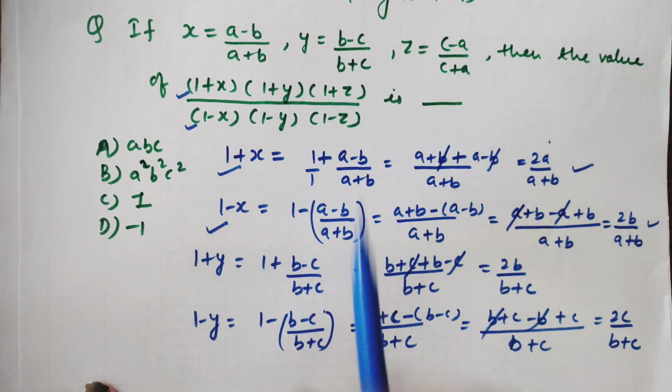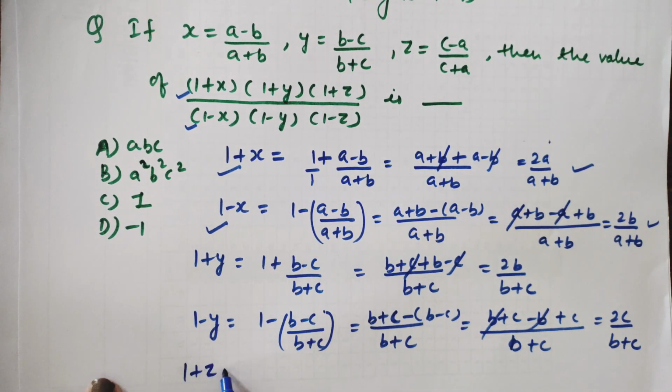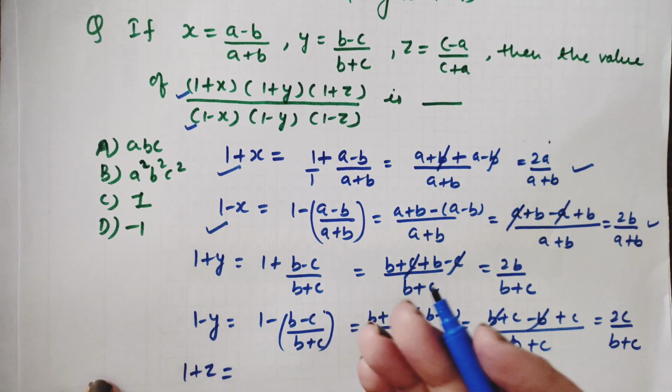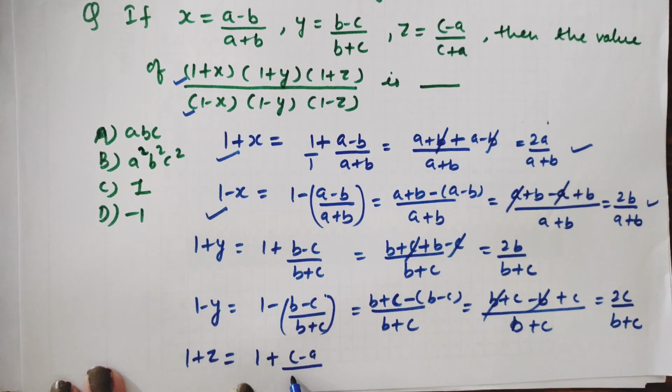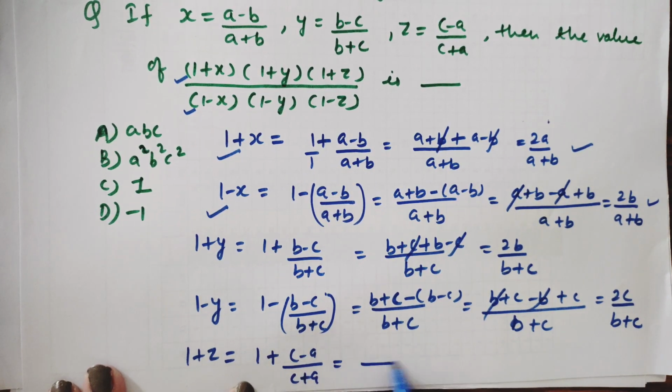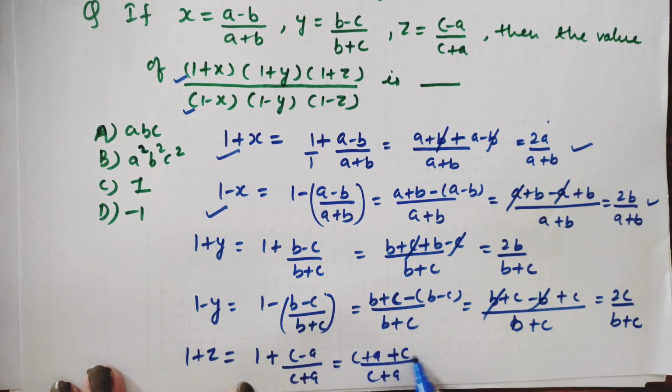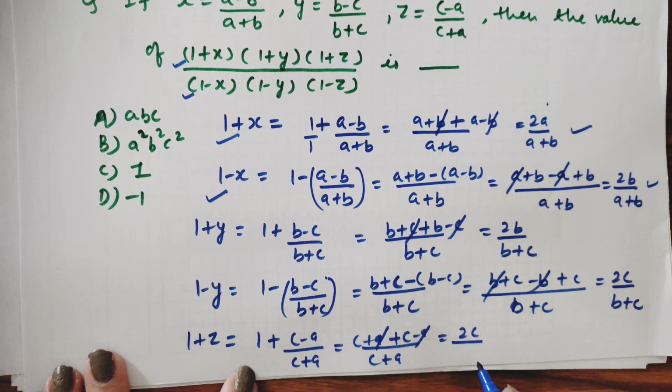The next is 1 plus z. We will find 1 plus z, and 1 minus z we will write in a similar form. 1 plus z, where z is (c minus a) upon (c plus a). So take the LCM c plus a. So here c plus a plus c minus a. The a's cancel out, so 2c upon (c plus a).